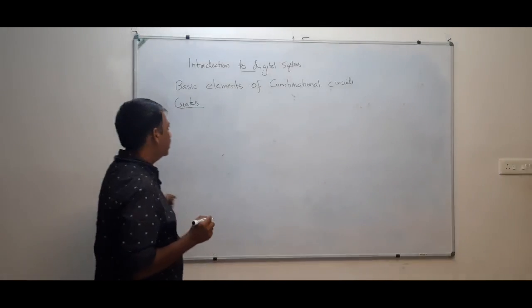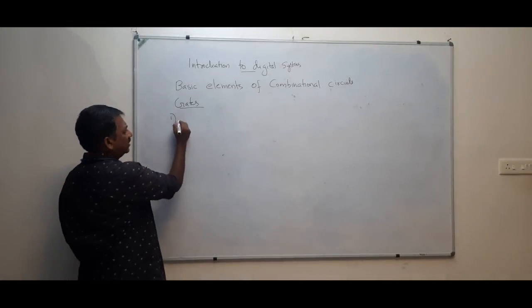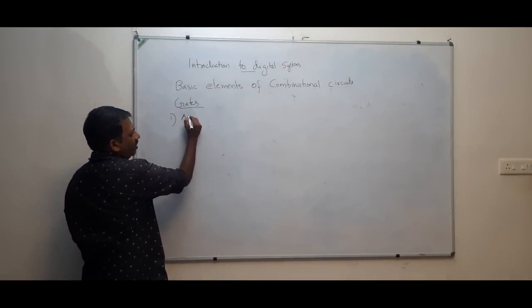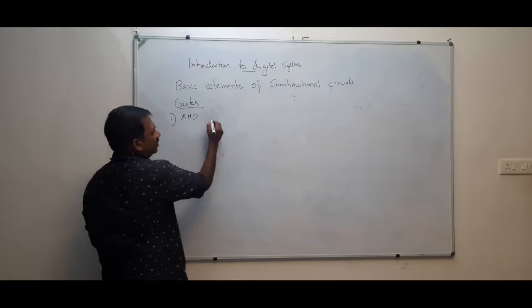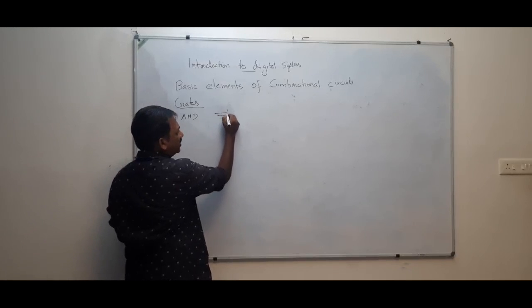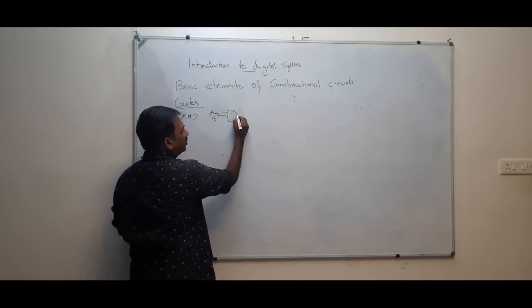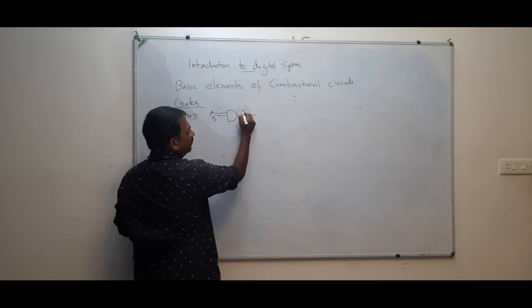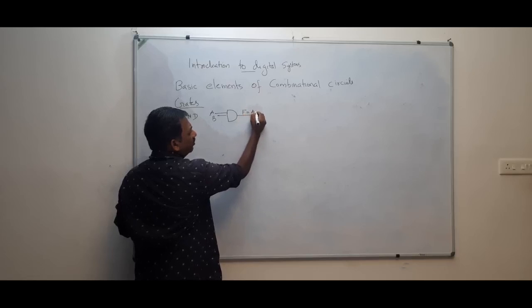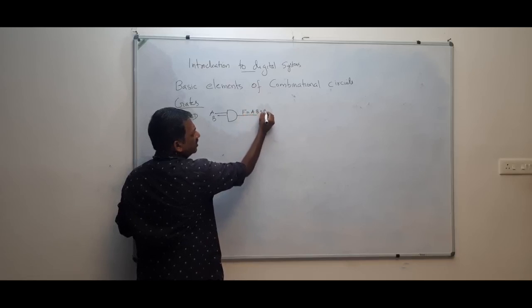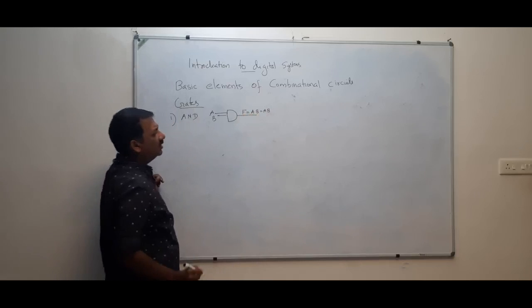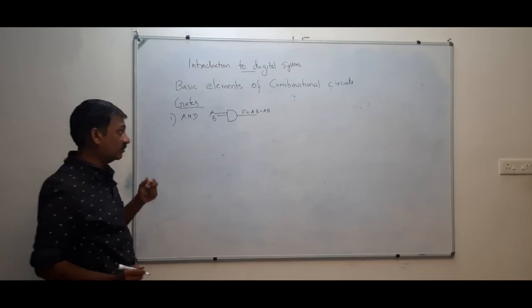And here the first gate is an AND gate. The representation of an AND gate is like this. Suppose that A and B are the inputs, then F, the output, will be A dot B, which is represented as AB.